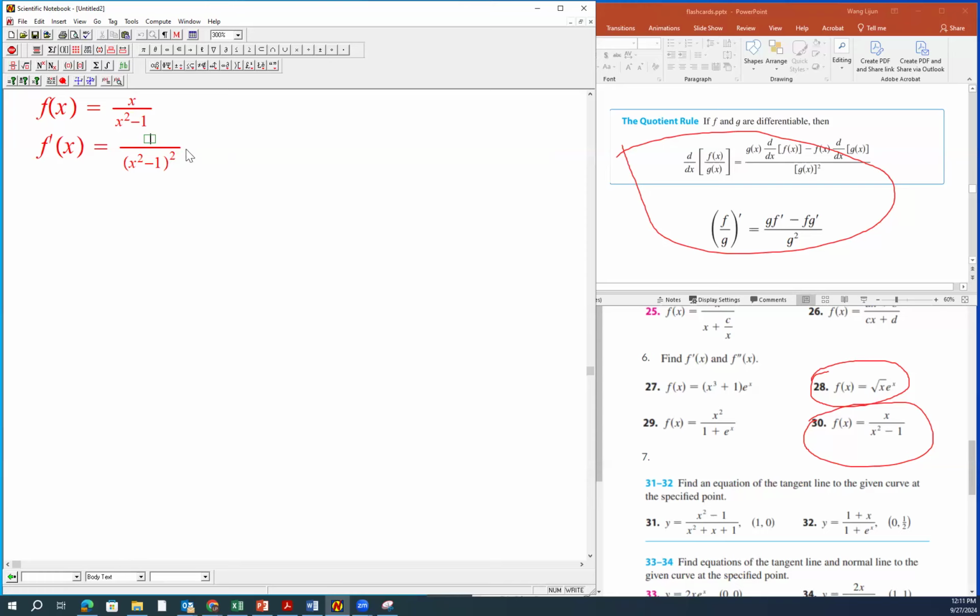Let me write it down, a step that's usually considered optional. f prime g subtracting f g prime. f is the function on the top.